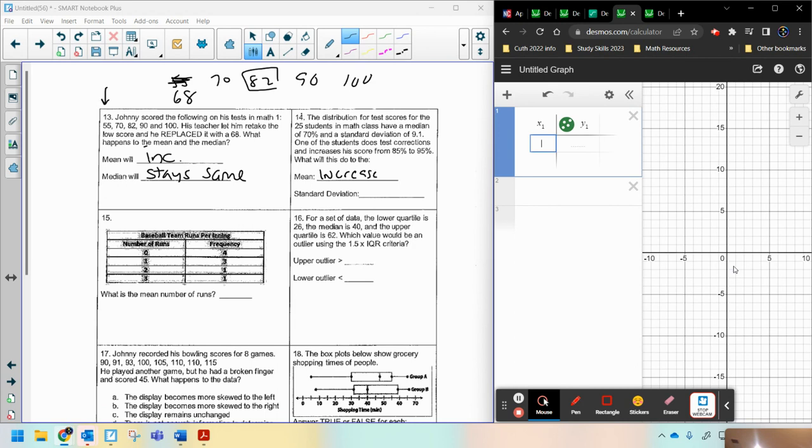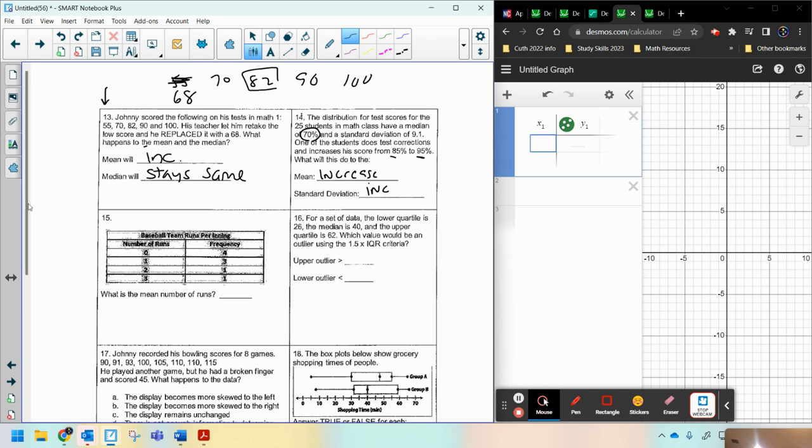If you go from an 85 to a 95, that standard deviation is going to increase, because the mean was a 70. That 95 is further away from the median of 70. We went from 85 to 95, it's further away, so the standard deviation is going to increase.